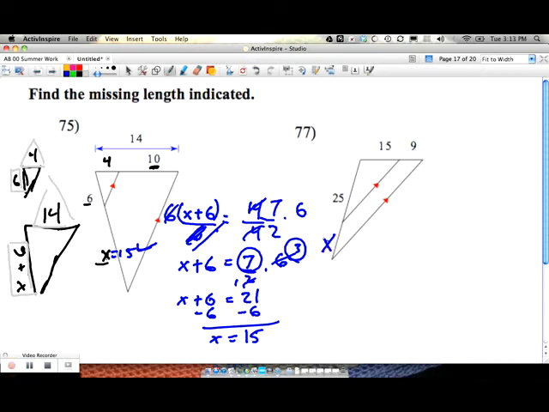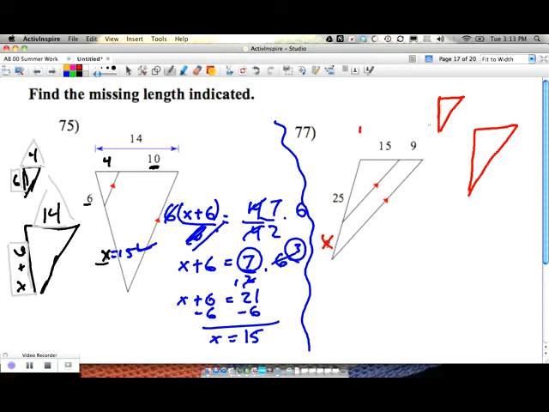All right, let's look at this next one. We're going to call this missing piece x. Why? I don't know. Just because. Let's do it in red, though. X. Okay, so we got two triangles. We got to put them together, or we got to break them apart so that we can see how to put the numbers together.